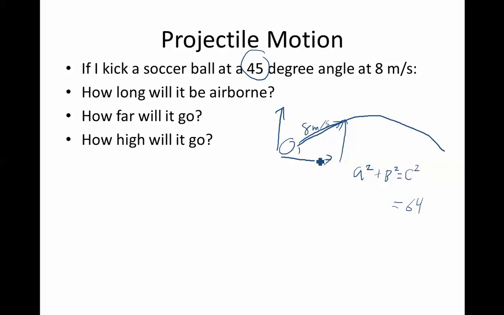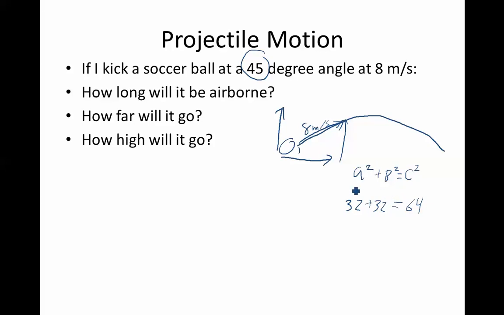So it's fair to say A is going to be half of 64 and B is going to be half of 64. Now I did say that wrong. That means A squared would be half of 64, which is 32, and B squared is going to be half of 64, which is 32, okay?